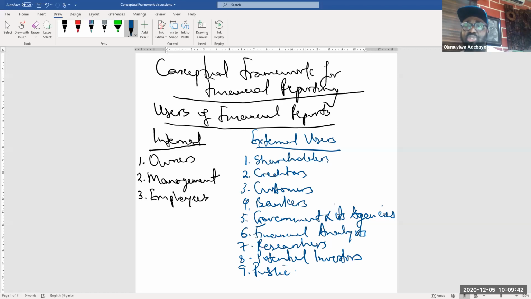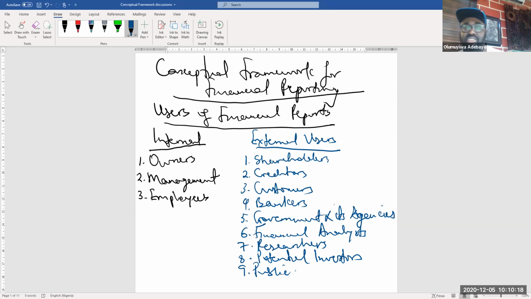And the general public just want to have a fair idea of the company's performance and how that company has been socially responsible to its immediate community in terms of protection of the environment, extending their gestures to the community, and how they have been able to support the community as a whole through partnership with the community, with governments, providing some social amenities and some other perks for the society.